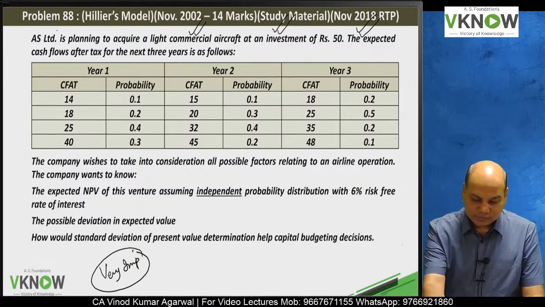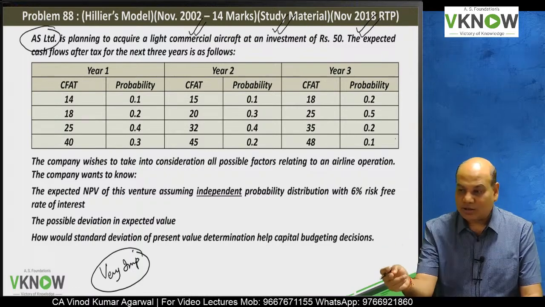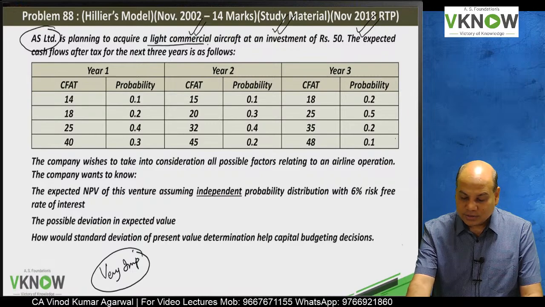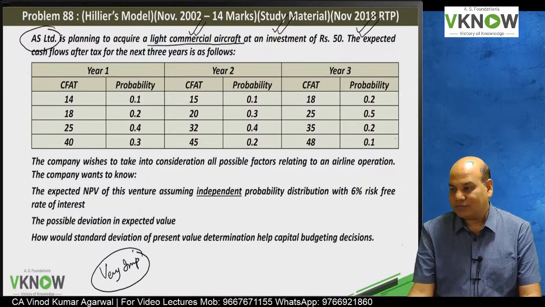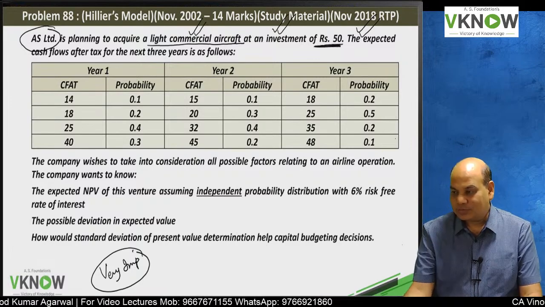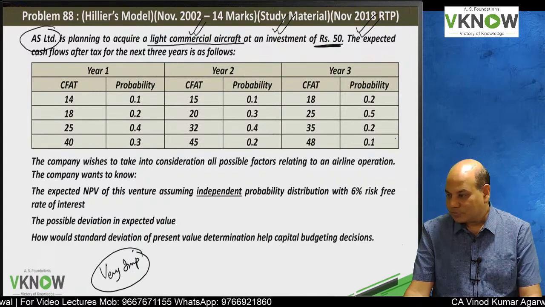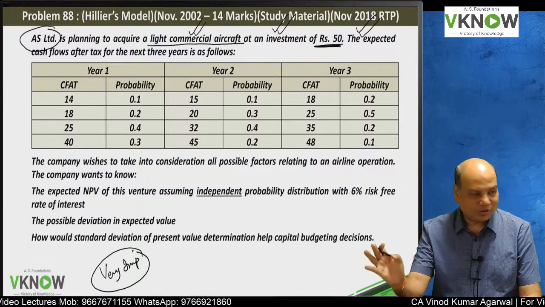AS Limited is planning to acquire a light commercial aircraft at an investment of rupees 50. Maybe it is 50 crore or 50 lakh or 50 million, I don't know.